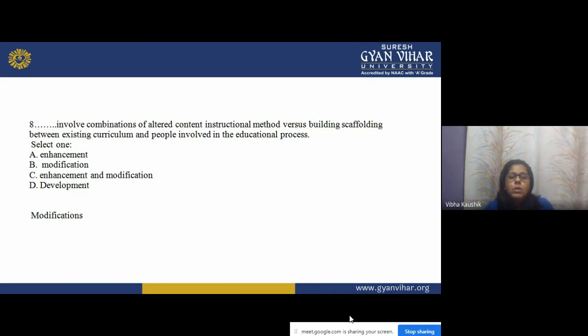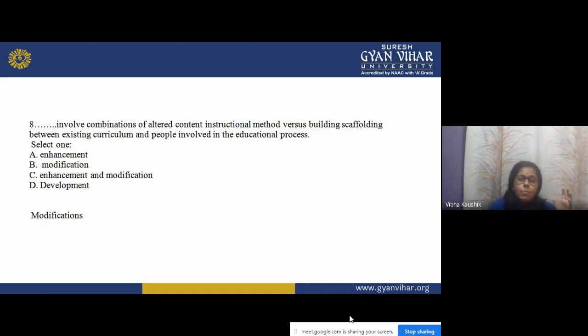Dash involves a combination of altered content, instruction methods, versus building scaffolding between existing curriculum and people involved in the educational process.